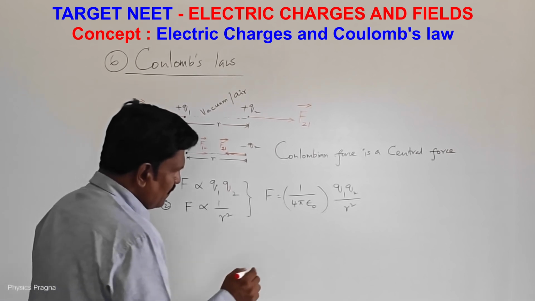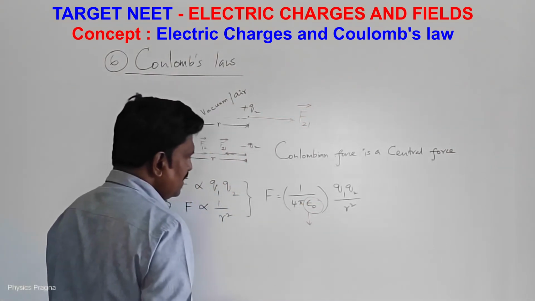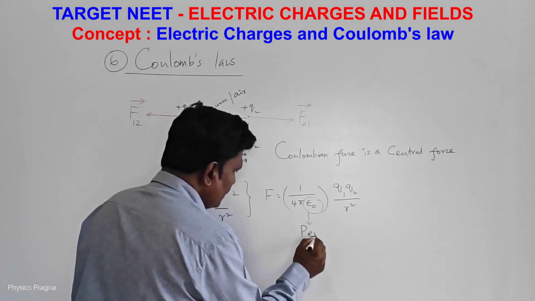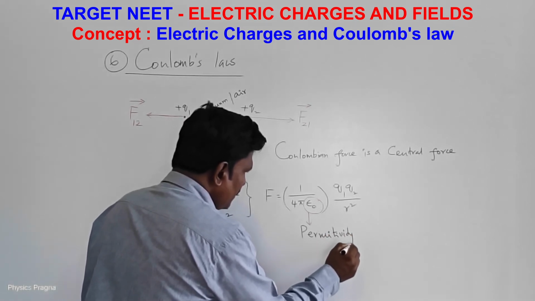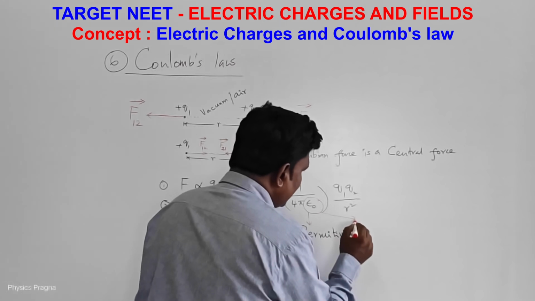Here one term came, this epsilon naught. This epsilon naught is called permittivity. Permittivity is a property of matter.